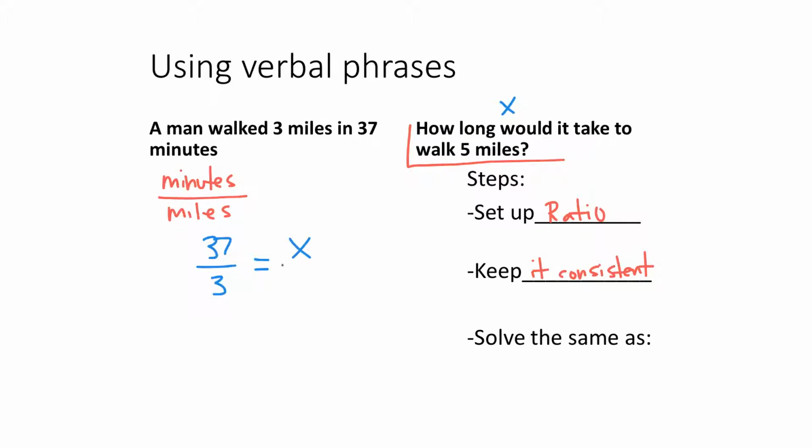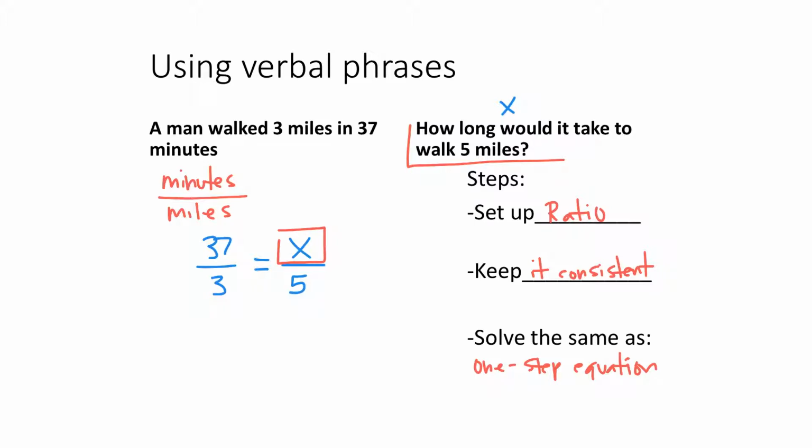So we're going to say x divided by 5 miles. Now if you look at this very carefully, you can see that we are dividing by x. And so in a sense, this being our proportion, we're going to solve this the same as we do a one-step equation. Now the idea here is that most of the time all that you're going to do is just multiply because you are dividing.